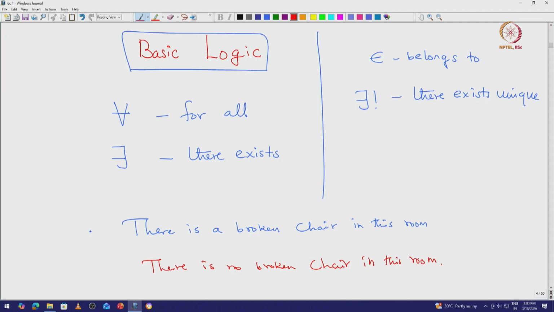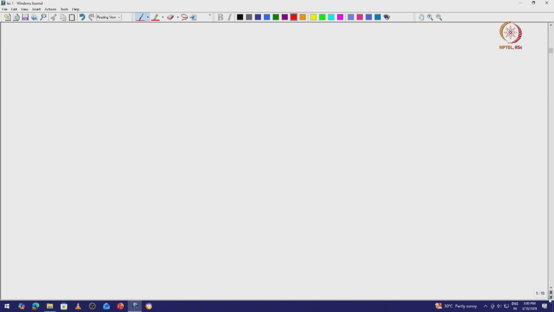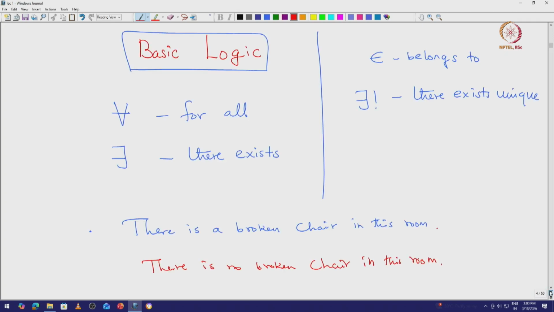So, now I want to translate this in the language of mathematics. The same plain English statement can be rewritten as follows using mathematical symbols. So, how can one formulate this? We want to first of all make sure what is the object that we are talking about.